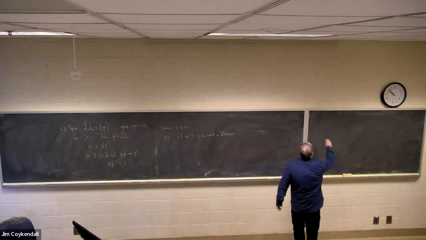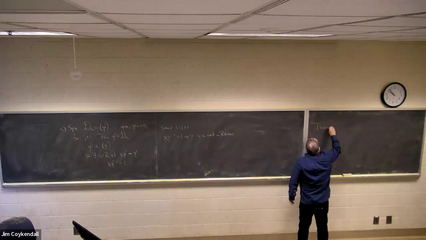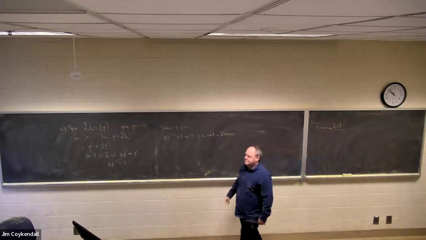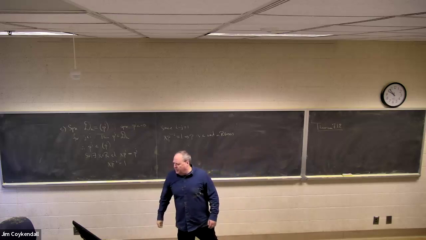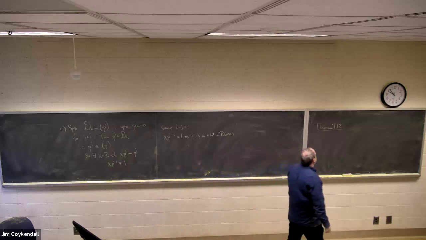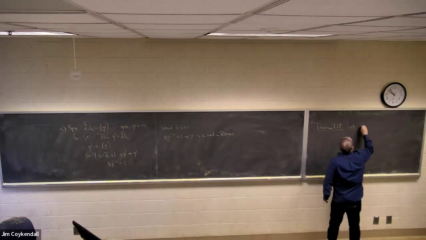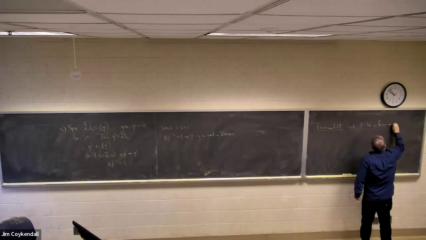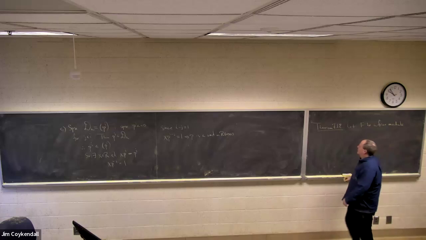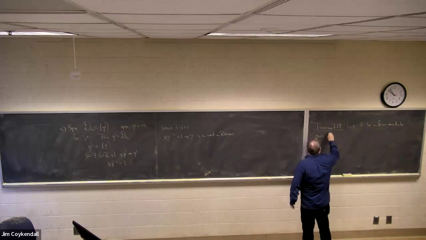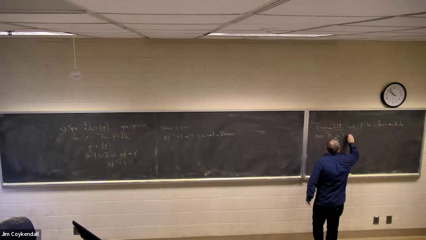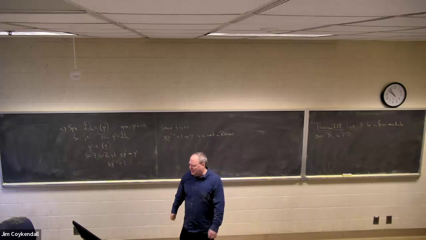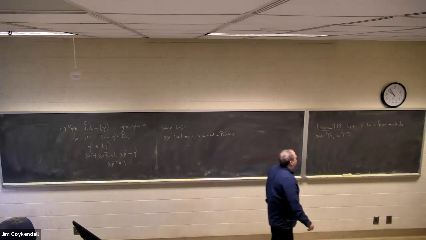So Theorem 7.2. Let F be a free module over a PID. If M is a submodule, then M is also free.